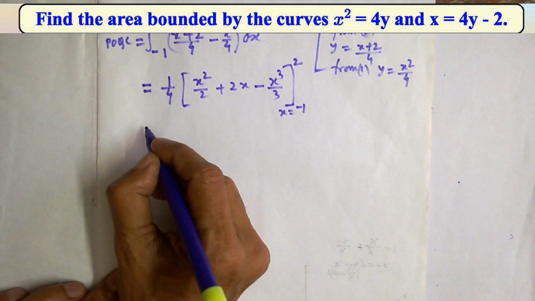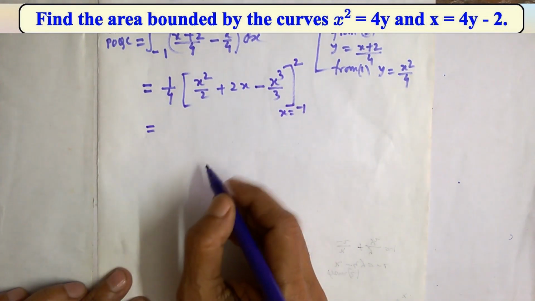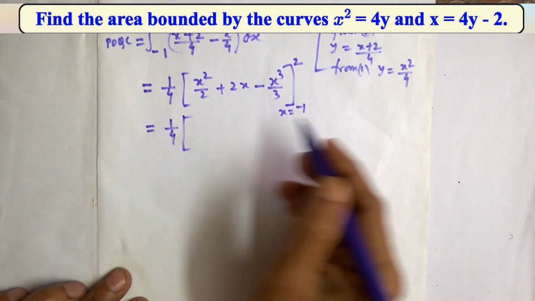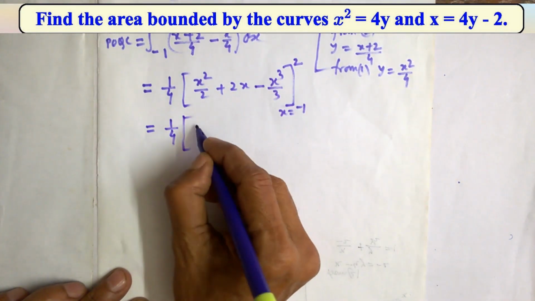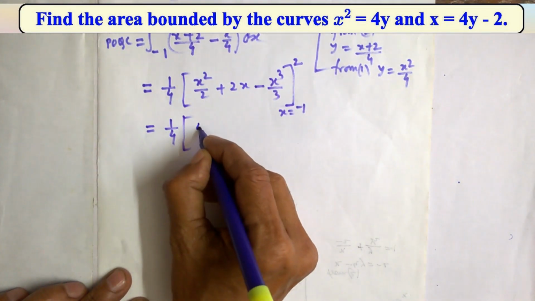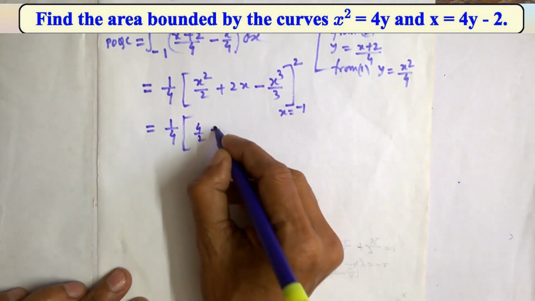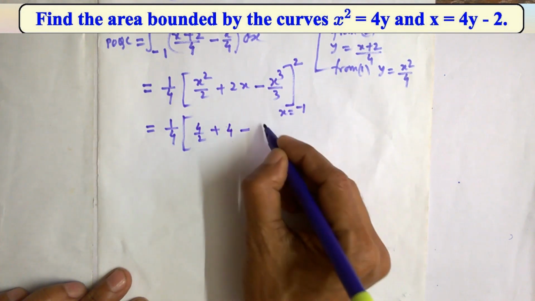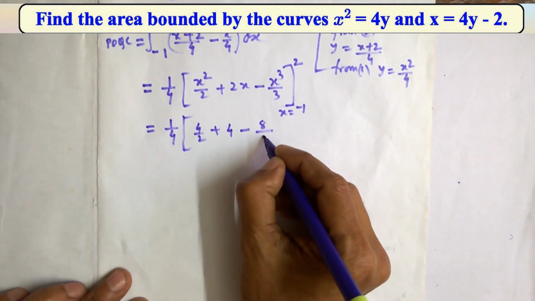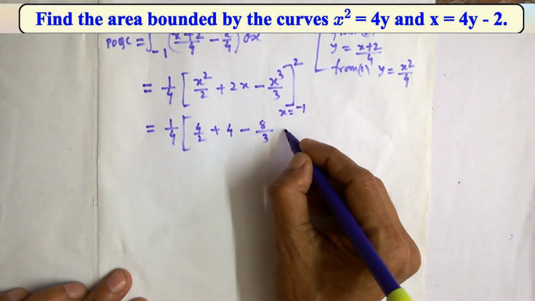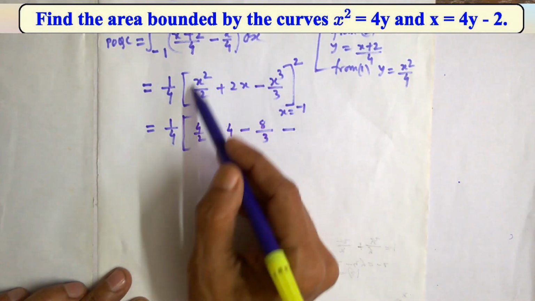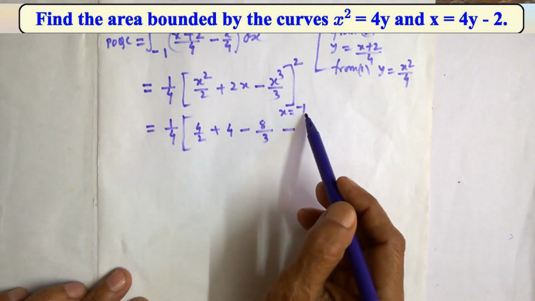So according to the law of integration, 1 by 4, first put the value of 2: square means 4 by 2, plus 2 into 2, 4, minus 2 cube, 8 by 3, minus. We will write this after putting the value x is equal to minus 1.